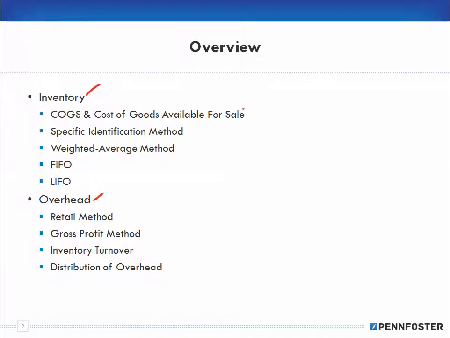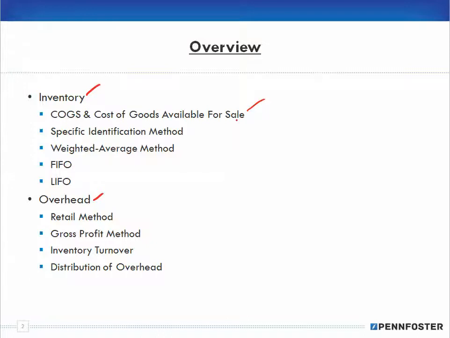I'm going to cover cost of goods sold and cost of goods available for sale as a broad overview idea, so that you understand in somewhat of a framework how they fit into inventory, and of course to get the terminology underneath your belt.